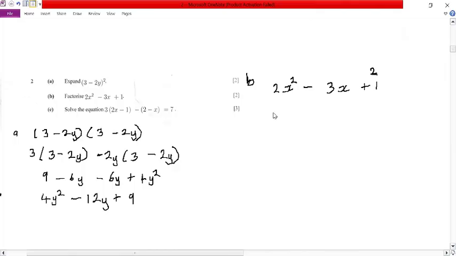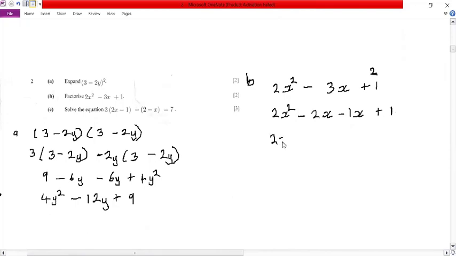So we expand our expression by saying 2x squared minus 2x, since minus 2 is one of the factors, then minus 1x, since minus 1 is another factor, then plus 1. Then we factor out the highest common factor, which is 2x.